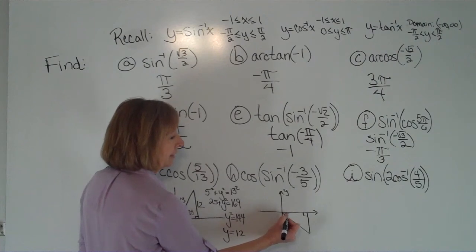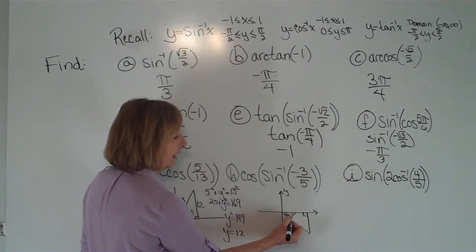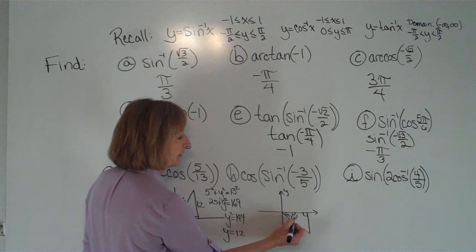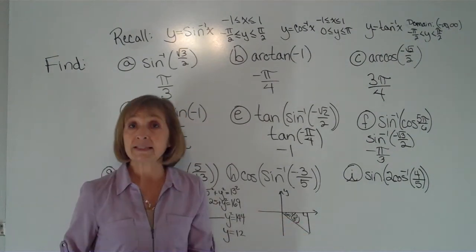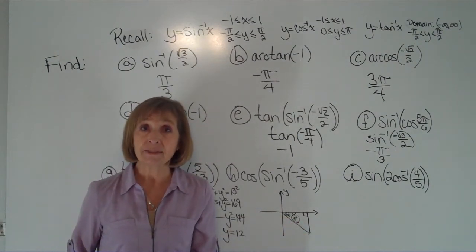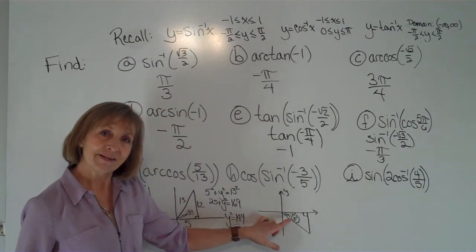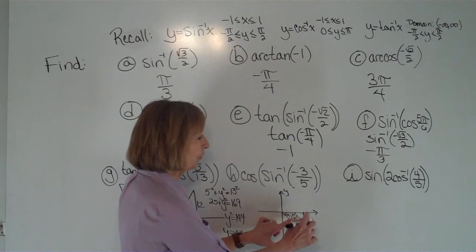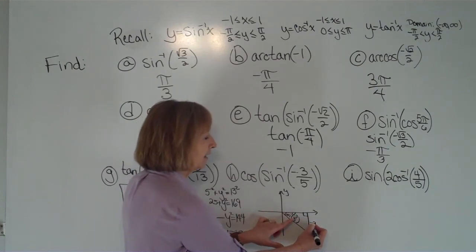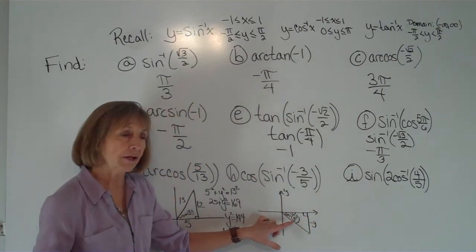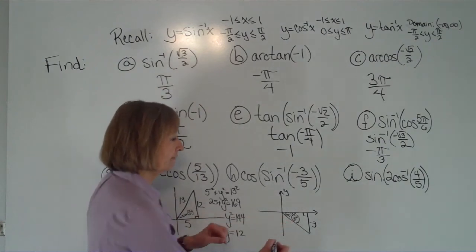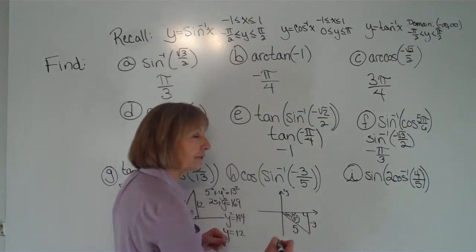And then here is the inverse sine of -3/5. Remember, the sine ratio is opposite over hypotenuse. So for my inverse sine of -3/5, the numerator -3 is on the vertical portion of the right triangle. The 5 is the hypotenuse.